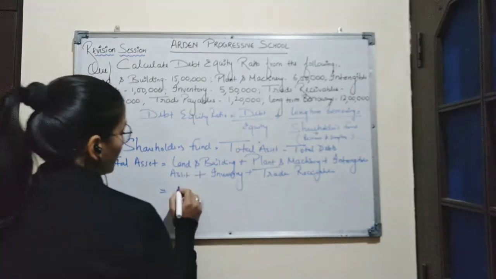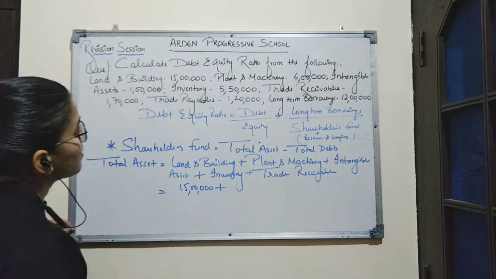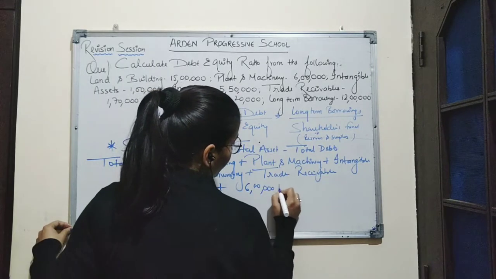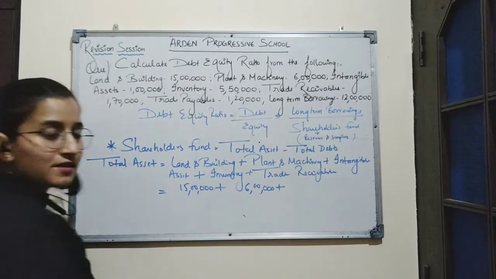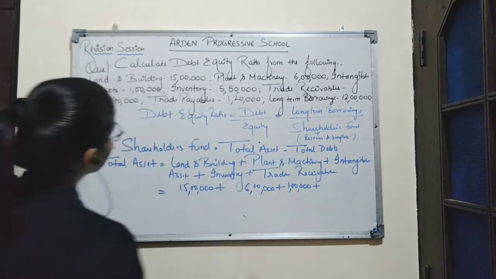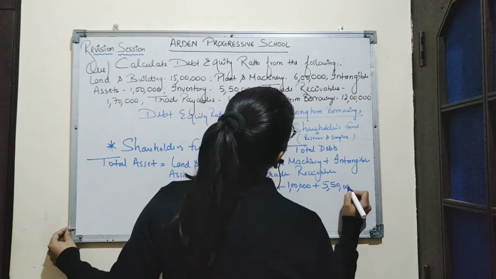Land and building amounting to rupees 15 lakh plus plant and machinery rupees 6 lakh. Then intangible assets amounting to rupees 1 lakh. Inventory amounting to rupees 5 lakh 50,000.